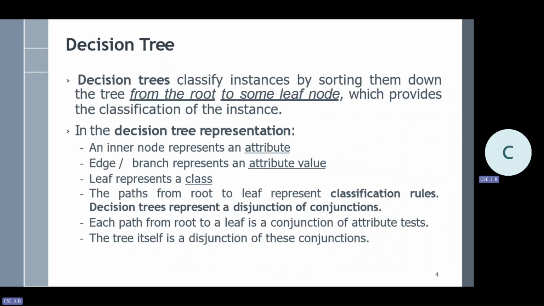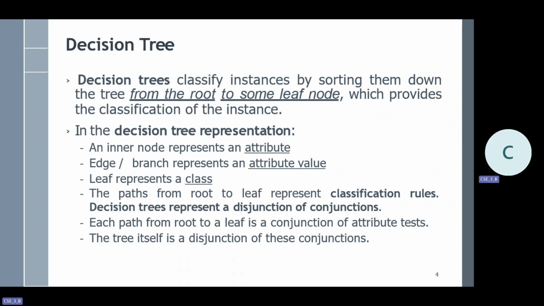The decision tree classifies instances by sorting them down the tree from the root to some leaf node, which provides the classification of the instance. In the decision tree, the inner node represents an attribute, the edge or branch represents an attribute value, the leaf represents a class, the paths from root to leaf represent classification rules, and the decision tree represents a disjunction of conjunctions.